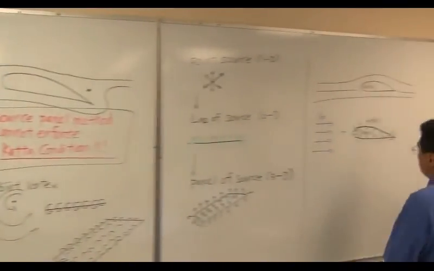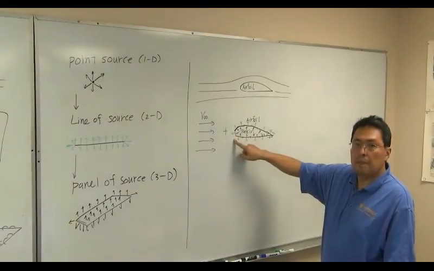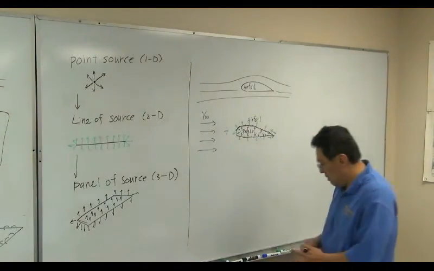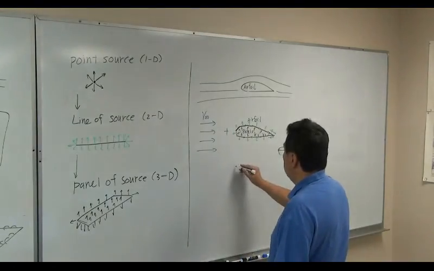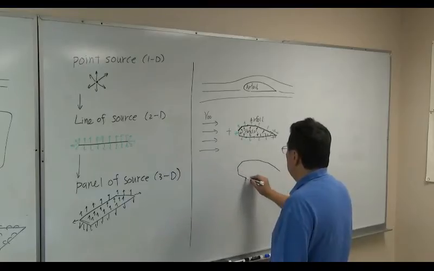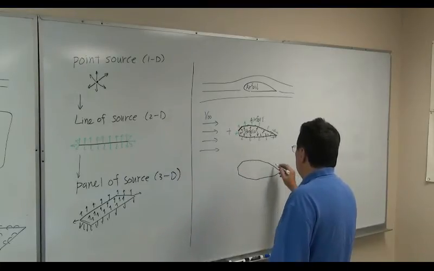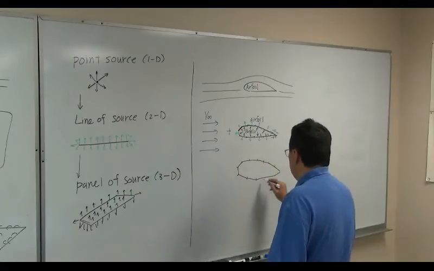So again, the rest is the same concept. Suppose you use a series of vortex panels. This one is a source panel, so it's essentially the same thing. You are going to represent the vehicle's surface using source panels.